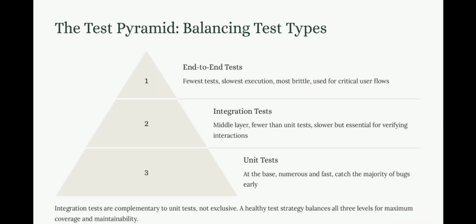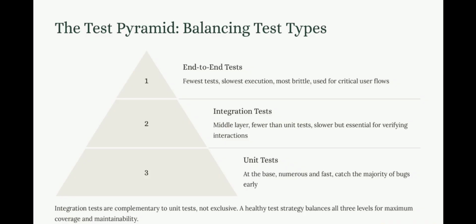The test pyramid. Now, let's look at the test pyramid, which shows how different tests should be balanced. At the bottom, we have unit tests. They are fast and numerous. In the middle are the integration tests, fewer than unit tests but essential for certain interactions.